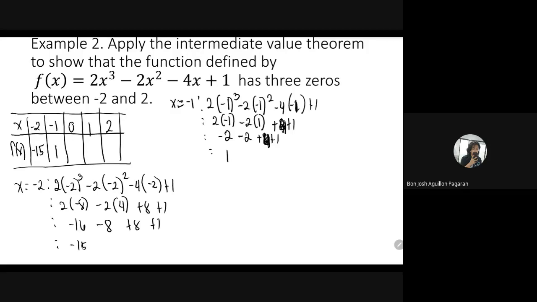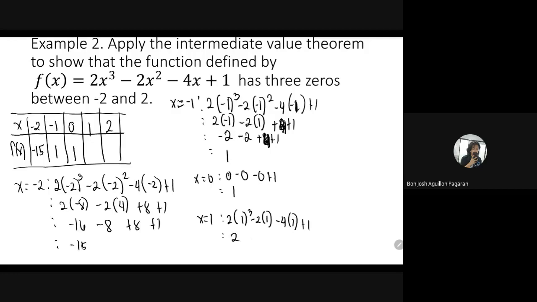So this is 1. When x is 0, that will give us 0 minus 0 minus 0 plus 1. Kaya siya magiging 1. When x is equal to 1, ang sagot dyan ay 2 times 1 cubed minus 2 times 1 minus 4 times 1 plus 1.